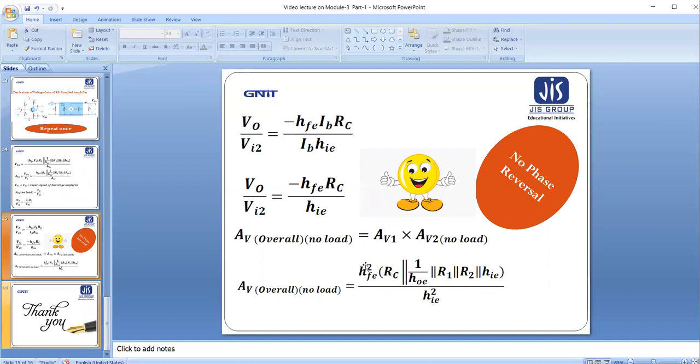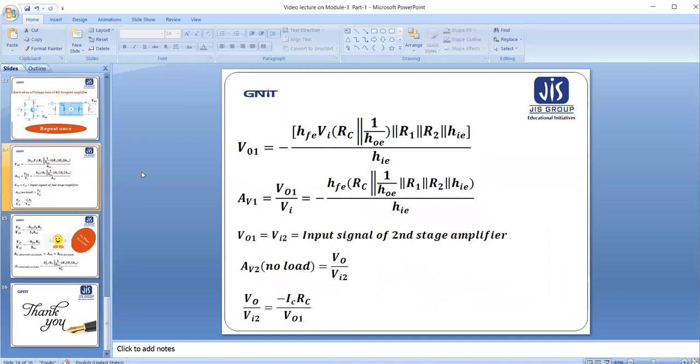Now if we look into the expression of AV overall, there is no negative sign, because this negative and the earlier negative will cancel. That means the first stage will produce a phase reversal of the actual input. The second stage will produce a phase reversal of the first stage output.